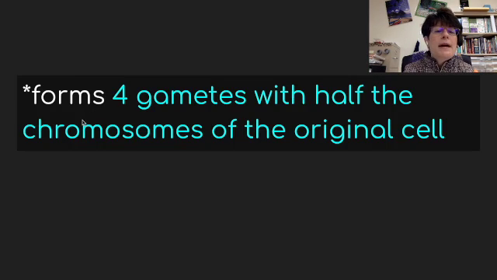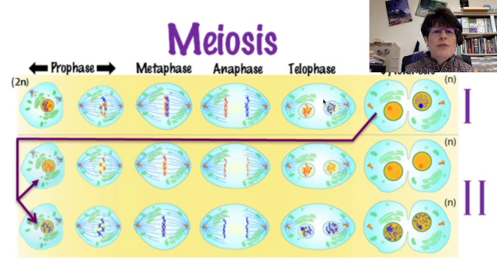So meiosis forms four gametes with half the chromosomes of the original cell. If we take a look at this, this is a chart with meiosis. Notice the phase names are the same, but it goes through not just one cell division, but two cell divisions. That's why there's four gametes made.